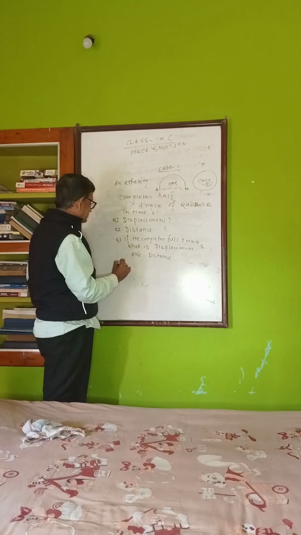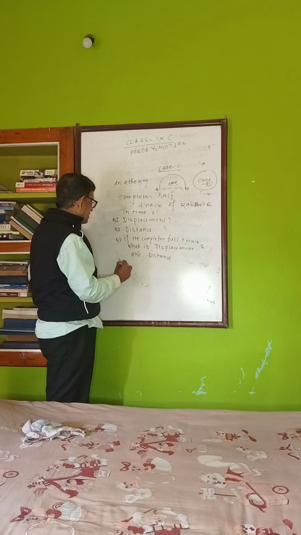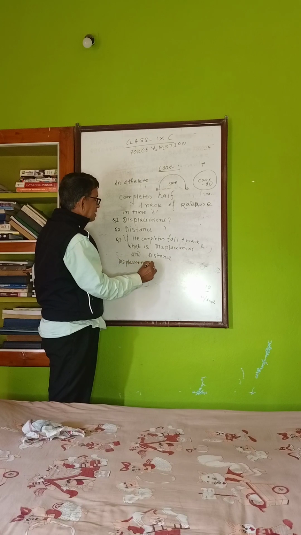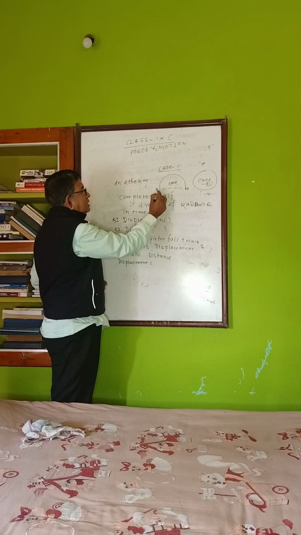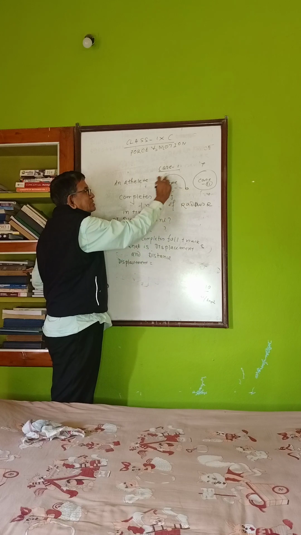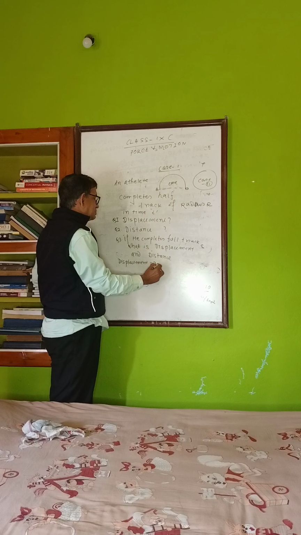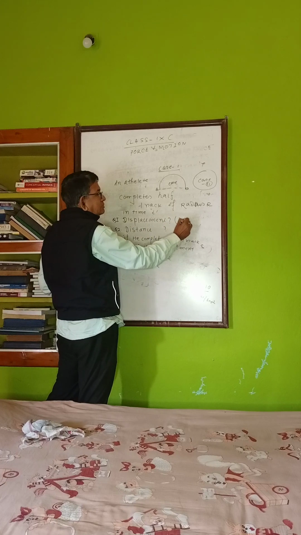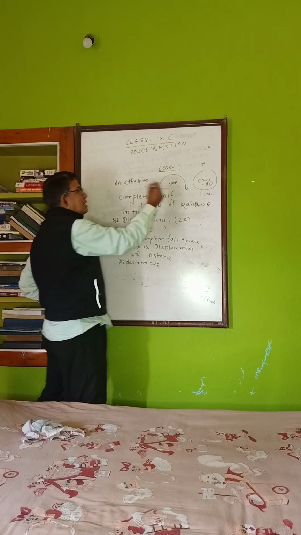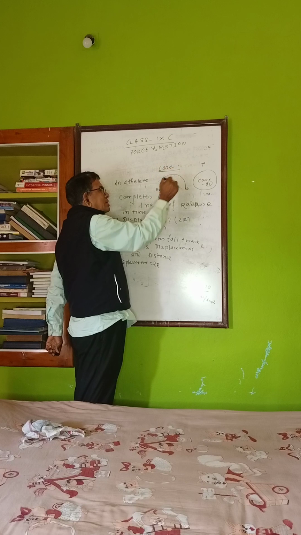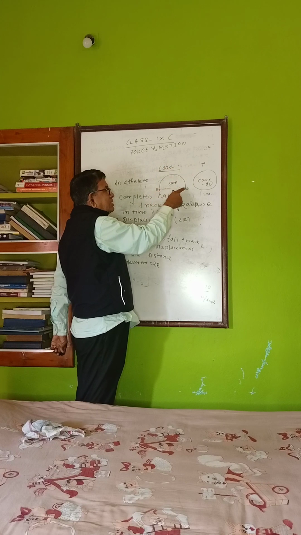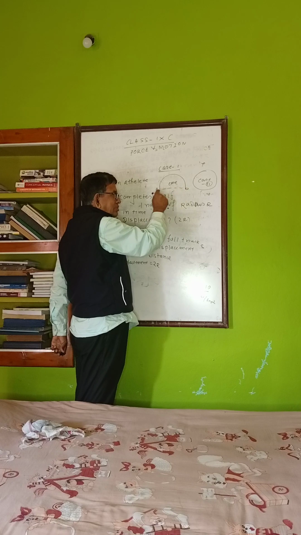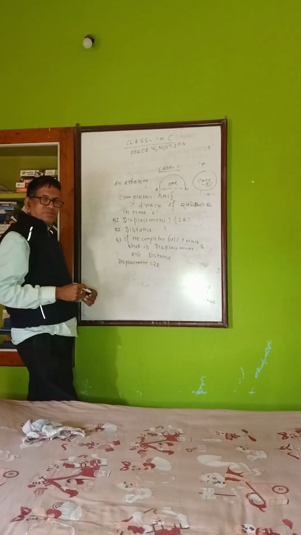So we should write displacement equal to the diameter of the semicircle, 2r. Displacement is 2r. Clear? Again I am telling, covering half of the circle, starting point A, finishing point B, the shortest distance AB is the diameter of the semi-track.